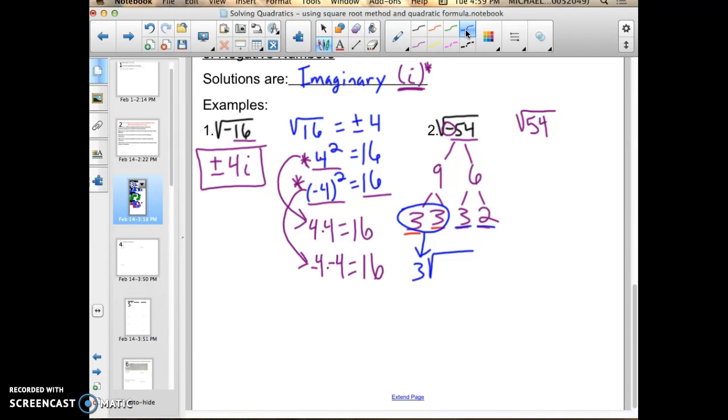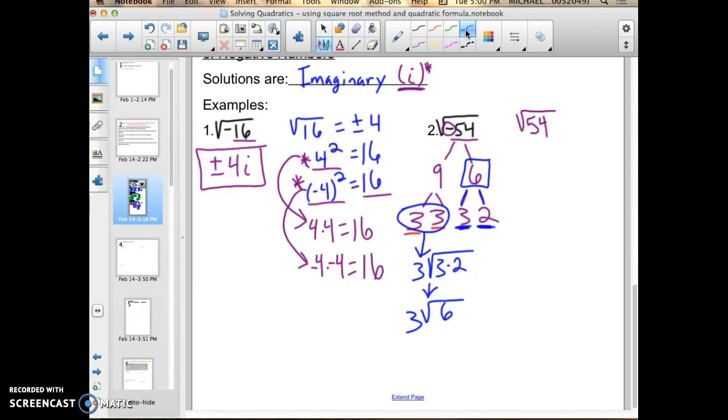Two ways you can think about this. There's going to be a 3 left in there, and whenever there are numbers either outside the radical that are together or inside the radical that are together, you multiply them. So to finalize this, it would be 3 radical, and 3 times 2 is 6. Another way to think of it is that these two numbers didn't have a partner, so you just take the pathway back to the number they came from, and that goes inside the radical.